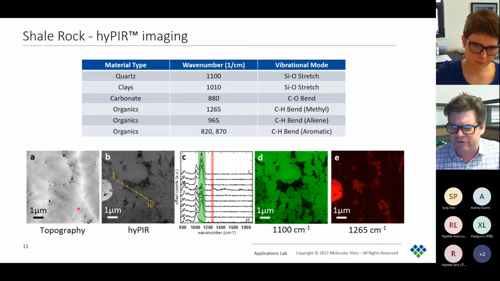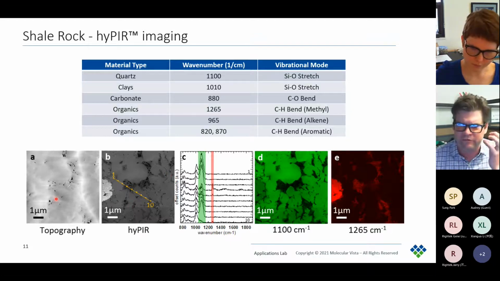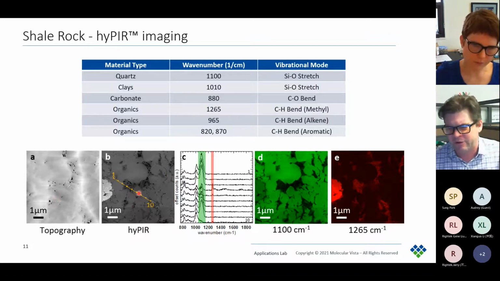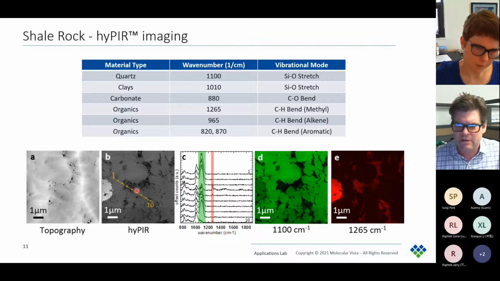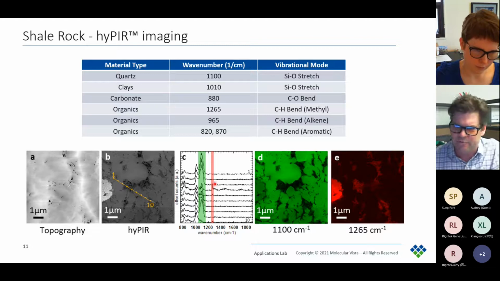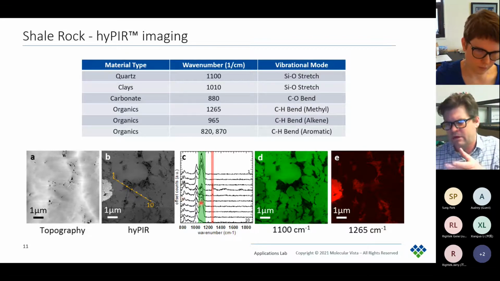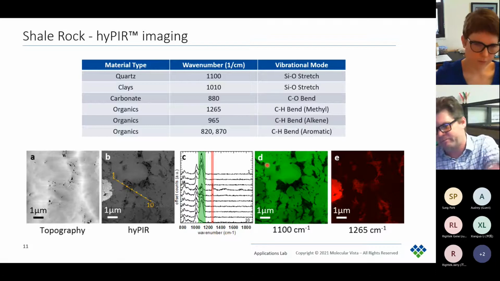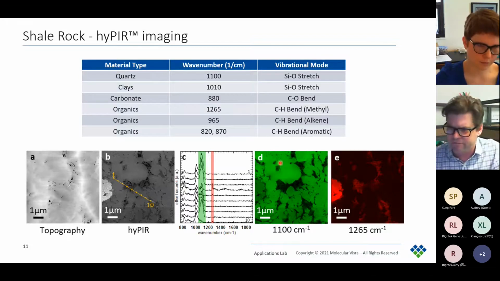And so here's kind of an initial approach at it. We have this topographic image, we have this hyperspectral data set, and here we just pull out 10 individual spectra out of that hyper set, and those are plotted in C. You can see how you're getting different peaks at different locations. We can go through, we can image or pull out of that hyper cube, a wave number image at 1100 and one at 1265.